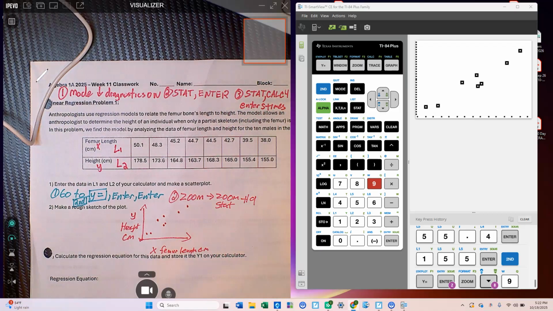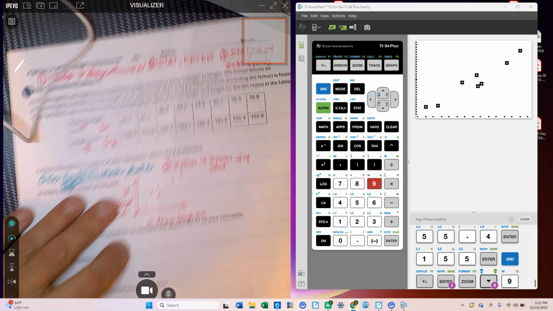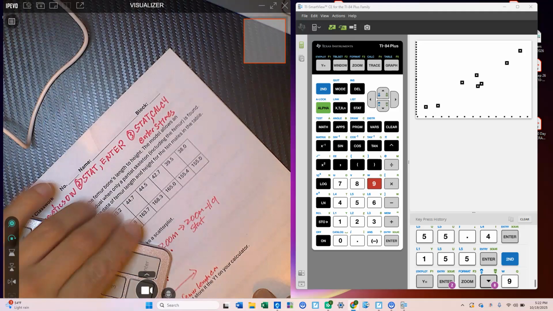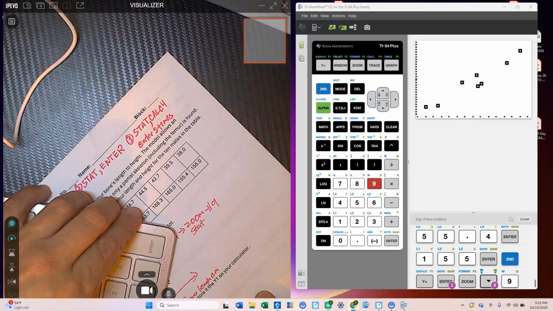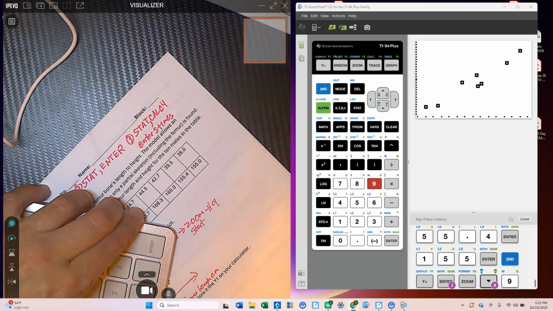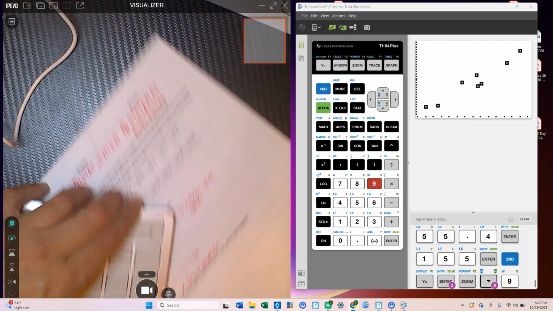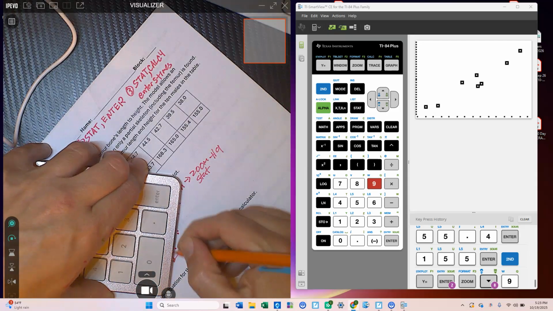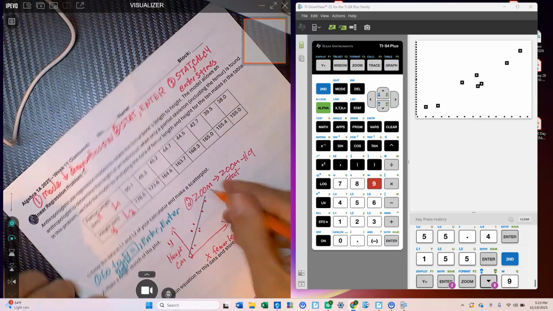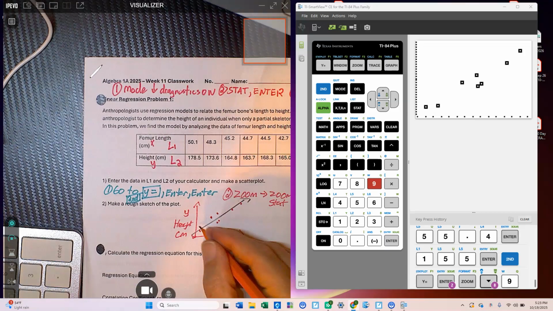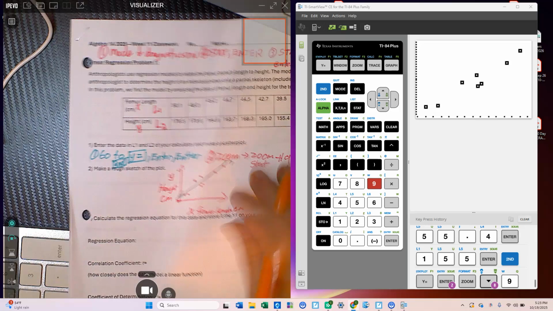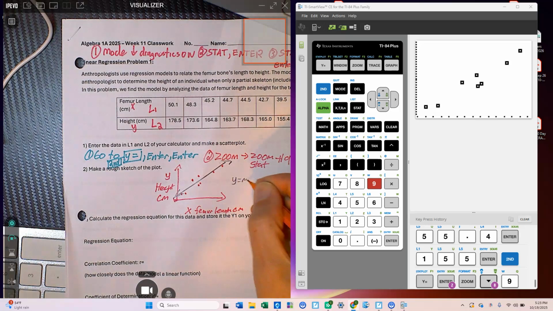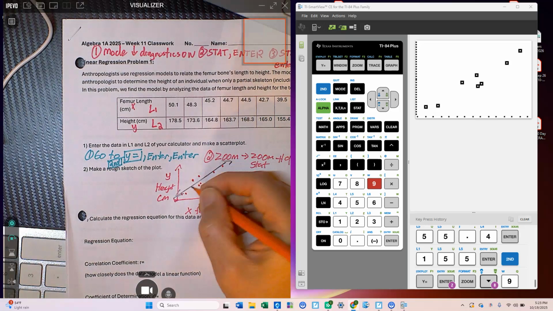Okay, so what your calculator is going to do is draw a line of best fit. Some of y'all are like, well, the data isn't really, well, it's a trend line. So what your calculator is going to do is write a y equals mx plus b from this.